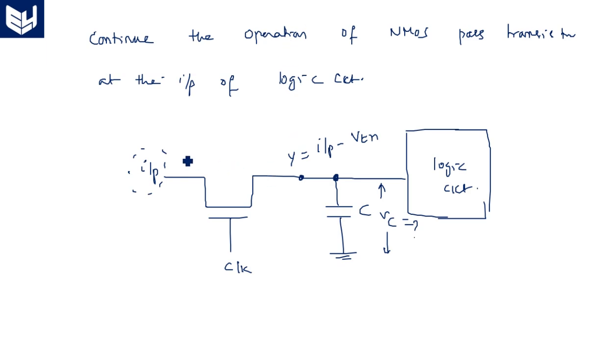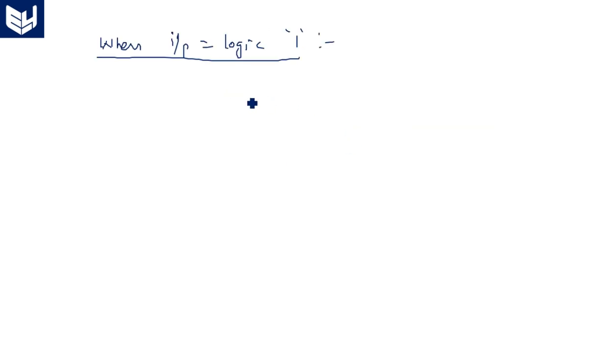When input is equal to logic high, it passes through this pass transistor, and the output is Y. So input is equal to VDD, and Y is the voltage appearing at the output of the pass transistor. So it is VDD minus VTN.